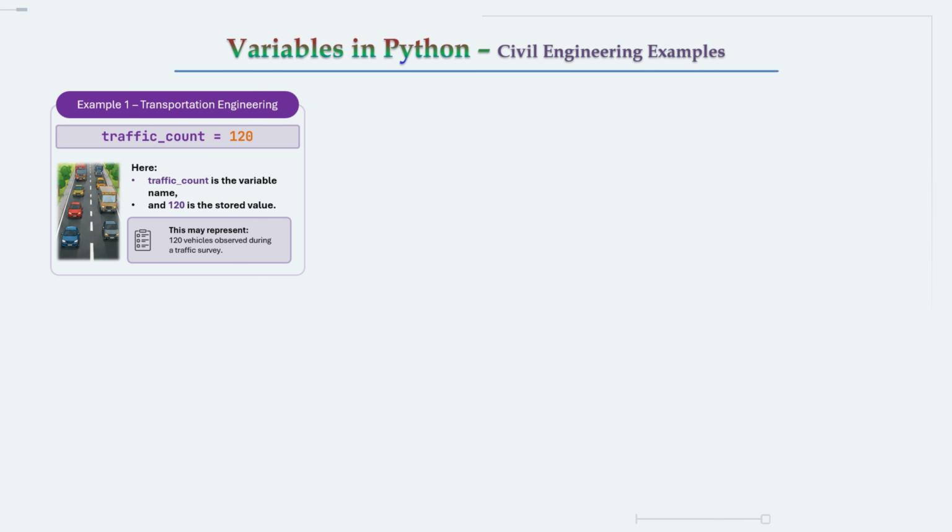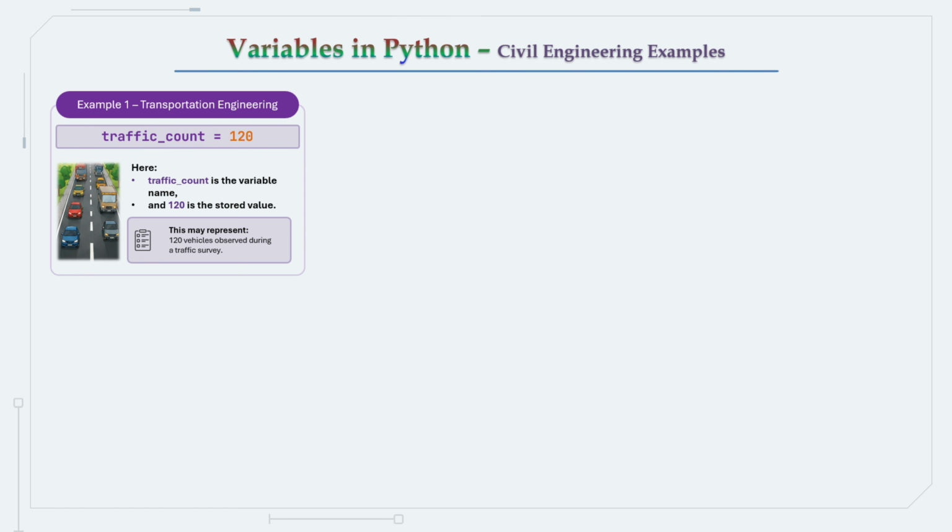That means this variable may represent 120 vehicles observed during a traffic survey. In transportation engineering, we often work with traffic volume, vehicle speed, traffic density, delay time. All these values can be stored using a variable.